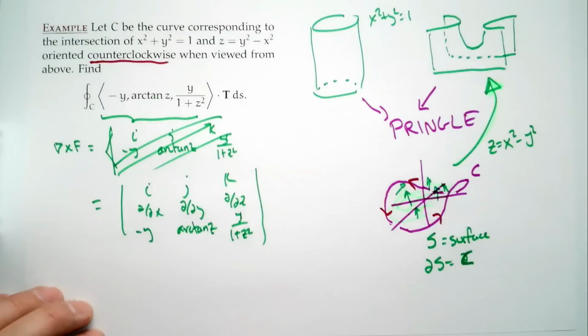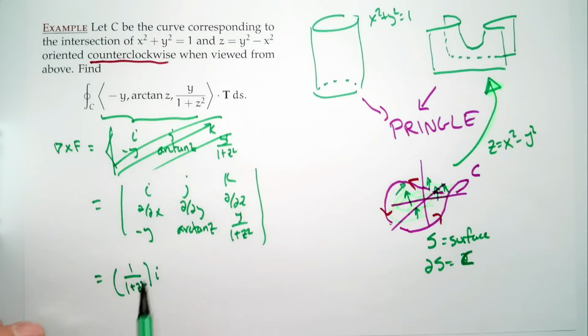Now I got that right. So we start taking our curl. What do we get? We get i, partial y of y over 1 plus z squared, so that's 1 over 1 plus z squared times i. j, partial z of minus y: nothing. Gone. Great. k, partial x of arctangent z: also gone. Fantastic.